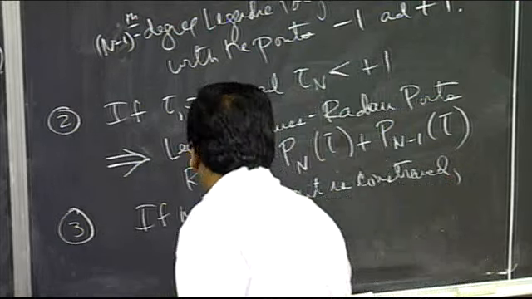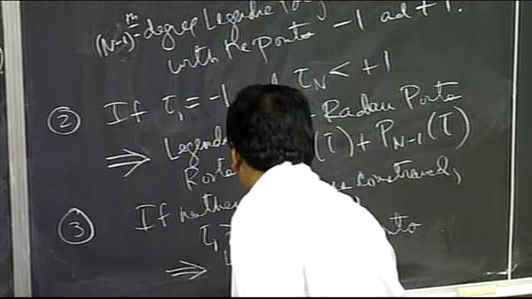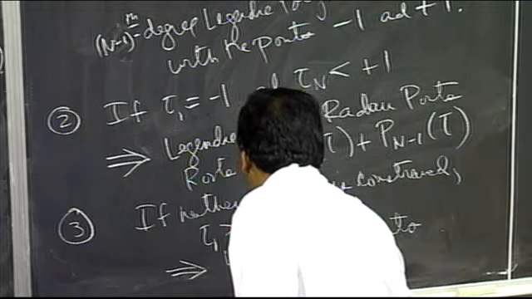Then what you get are the Legendre-Gauss points. And these are the roots of the nth degree Legendre polynomial.